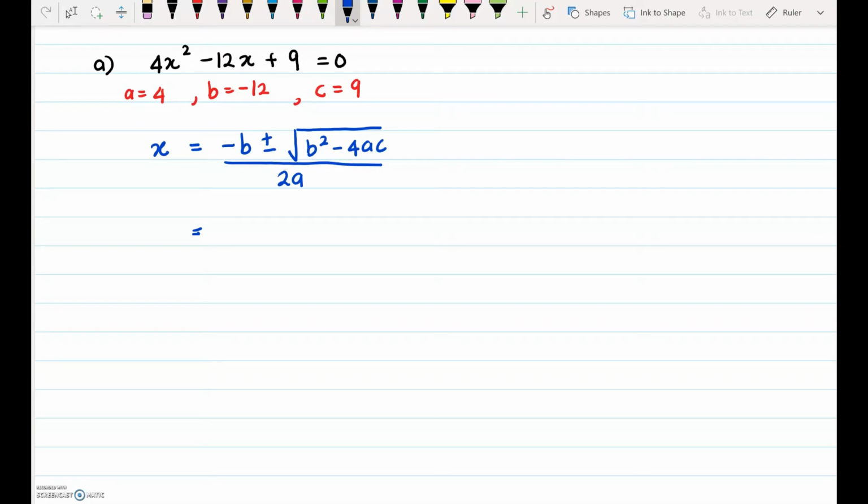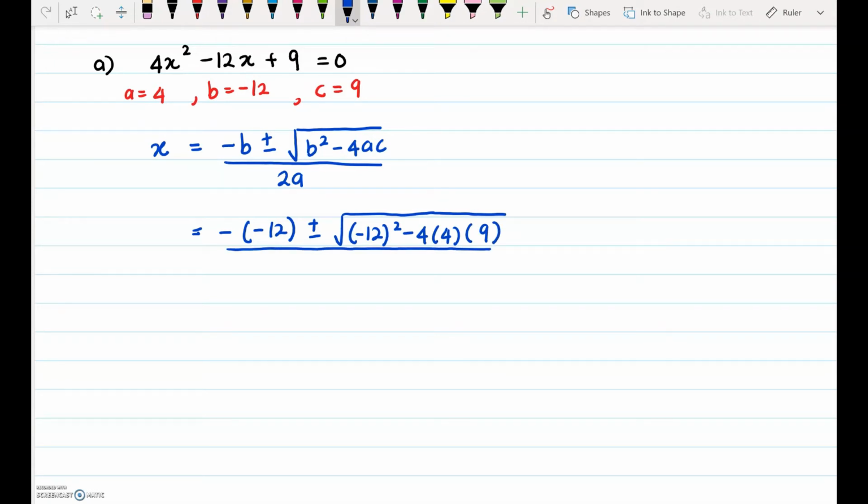So kita ada kat sini negative, b dia adalah negative 12 plus minus the square root of, so b squared dia adalah negative 12 squared minus 4a. So a dia berapa? A dia adalah 4. Okay. And then c dia adalah 9. And then divided by 2a.